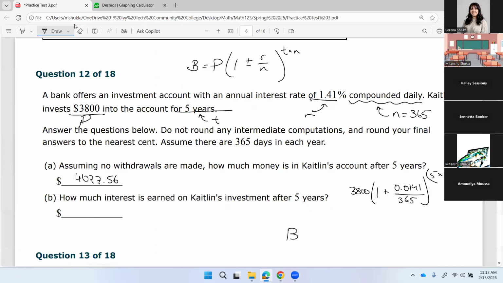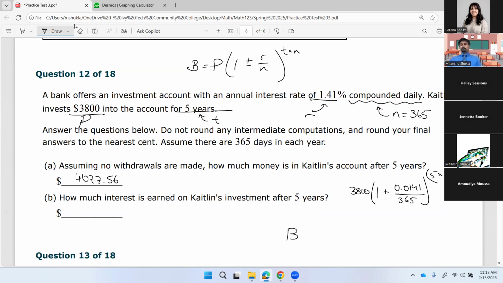Now notice when we were doing simple interest, we got our answer as the interest, right? And we had to add it to our principal to get our total balance. When we're doing compounded interest, our answer is our interest plus whatever our principal is already. So in order to get our interest, we have to subtract, right?